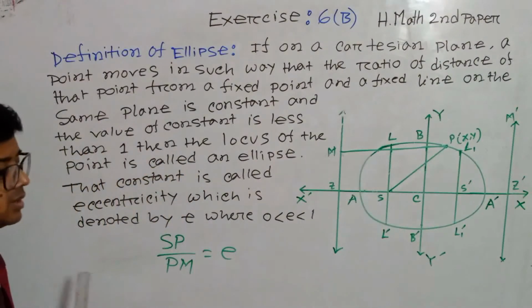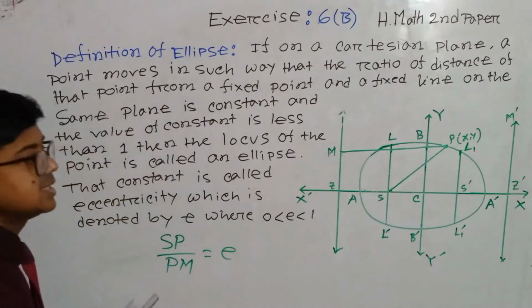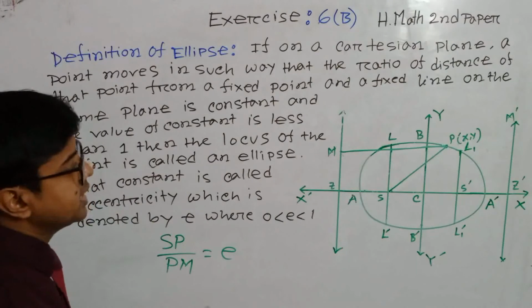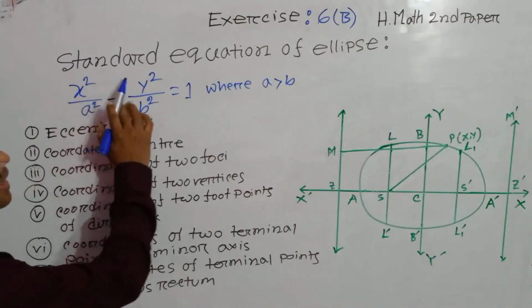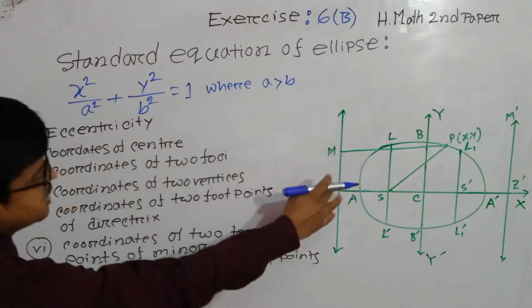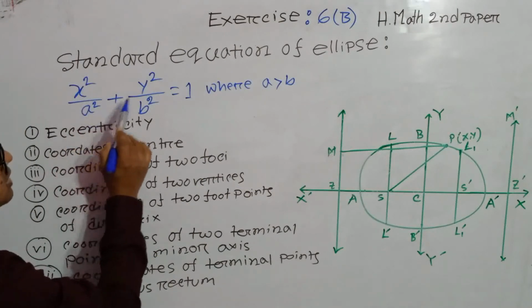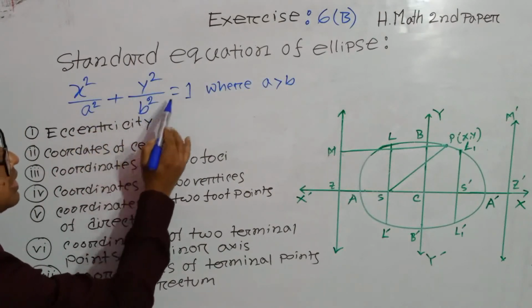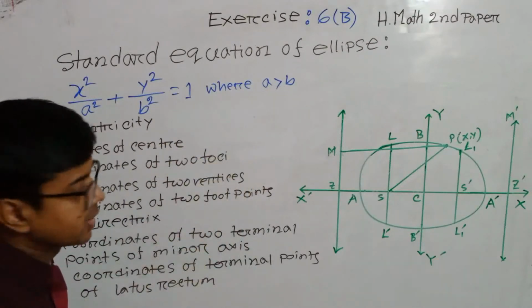Now from this figure we can write the standard equation of ellipse. From this figure we can write x square by a square plus y square by b square equals 1, where a is greater than b.